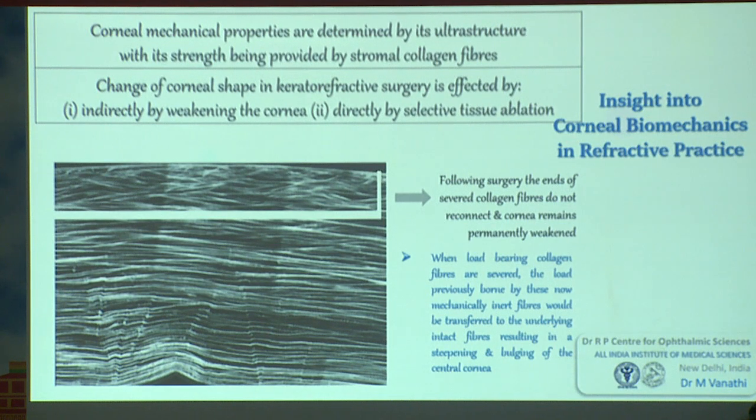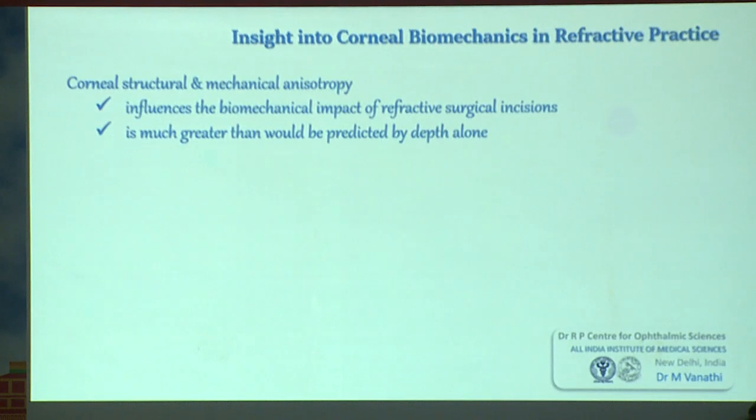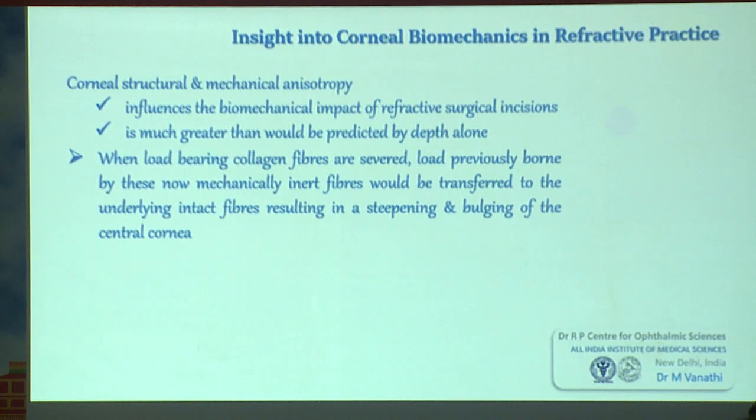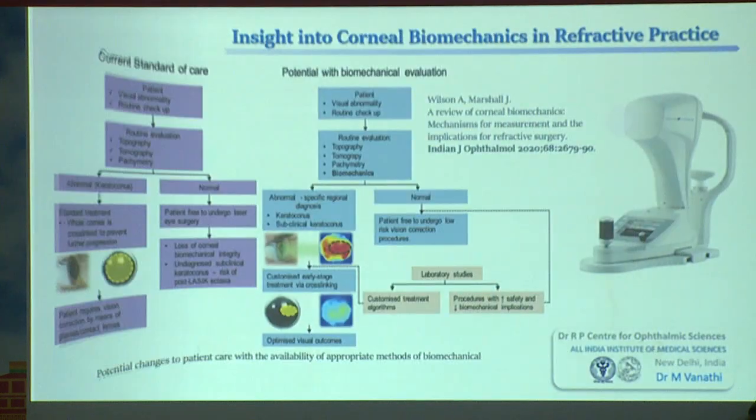This is the biomechanical change that is happening, and we are yet to have a machine that can effectively pick up these induced changes following all types of laser refractive surgeries which we are performing.